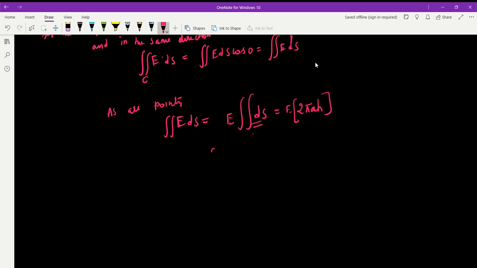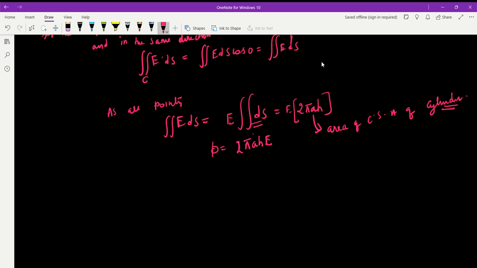That's why the flux will be phi is equal to 2 pi a h E. What is this 2 pi a h? It is nothing but the curved surface area of the cylinder, which is equidistant from the axis.